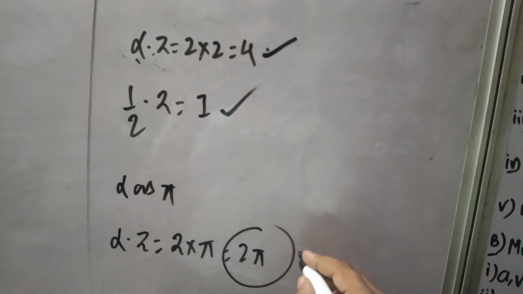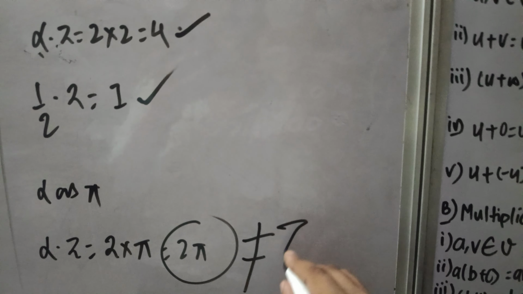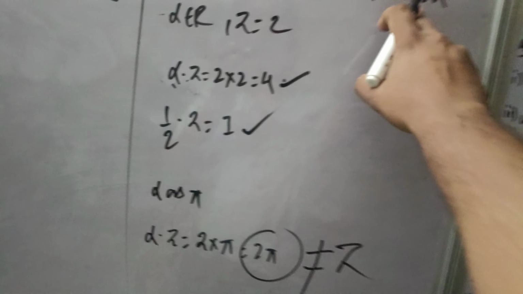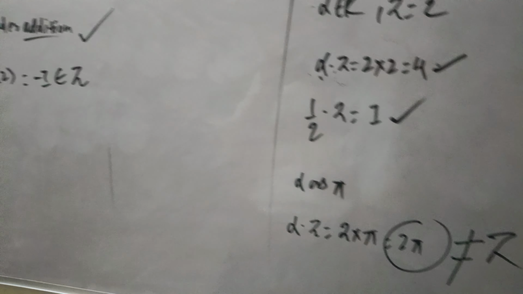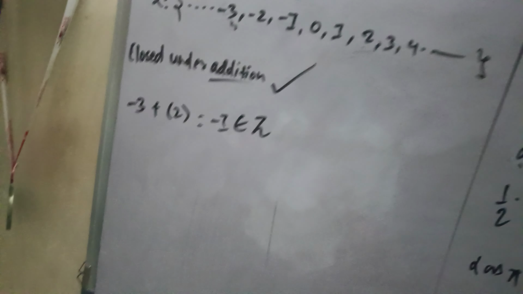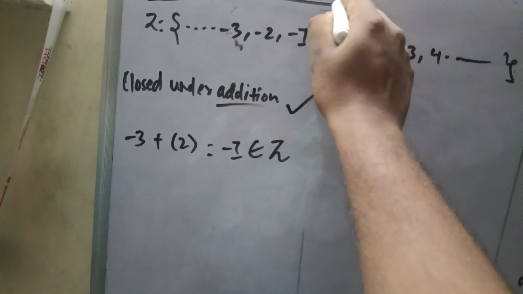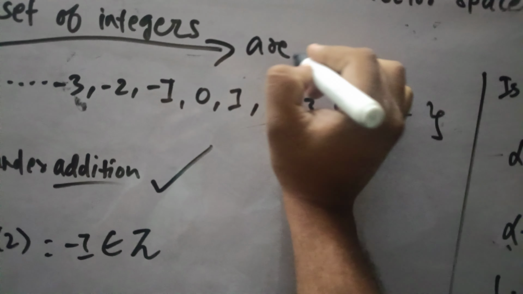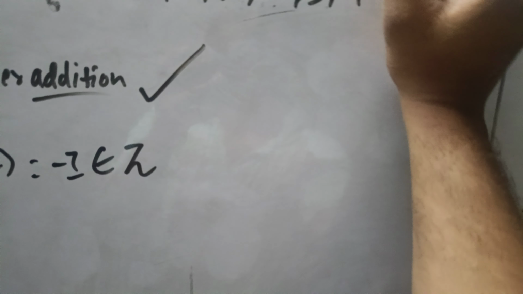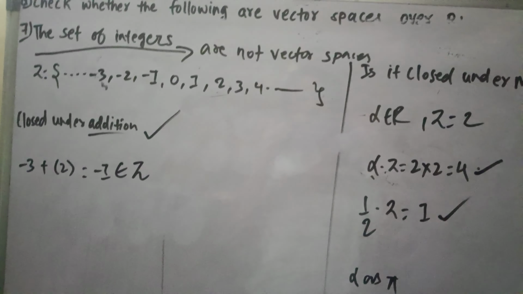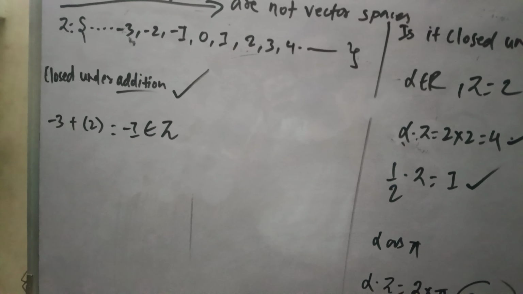Since this does not belong to the integers and our scalar multiplication condition is dissatisfied, we can say that the set of integers is not a vector space.